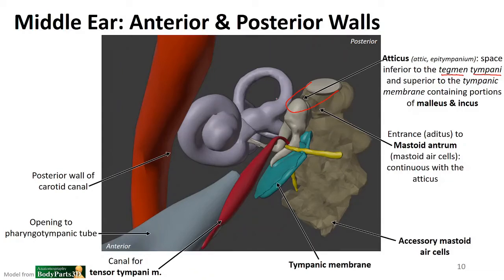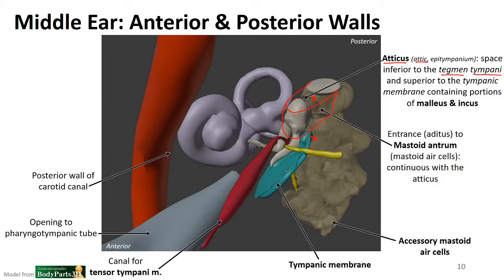Now, just inferior to this tegmen tympani, we find a space called the epitympanic recess. And the epitympanic recess, also known as the attic, can help us remember basically where this space is. So if we kind of draw a little bit in here, imagine it extends kind of in this general space, and it is above the tympanic membrane at this level and below the tegmen tympani here.